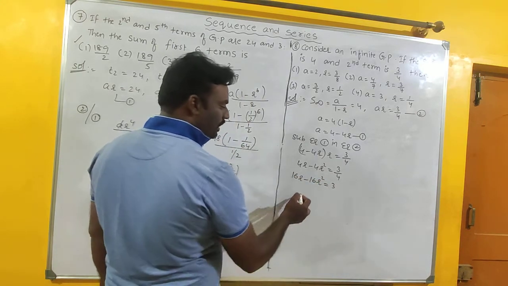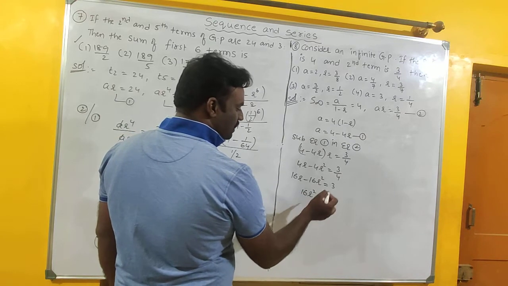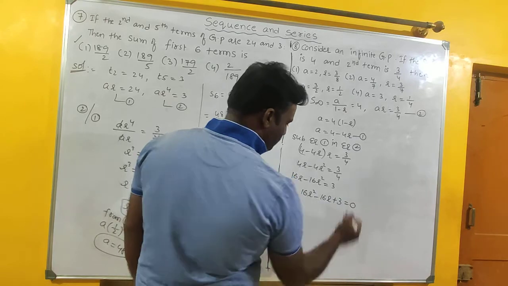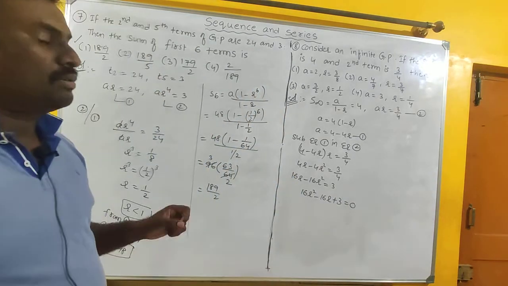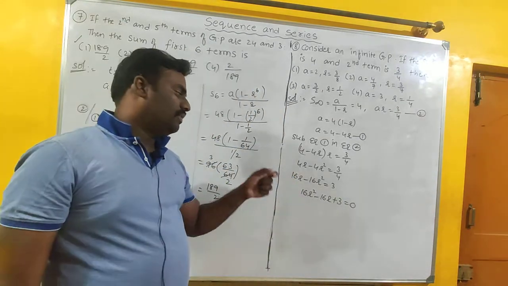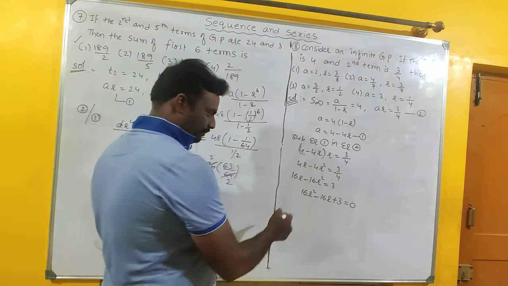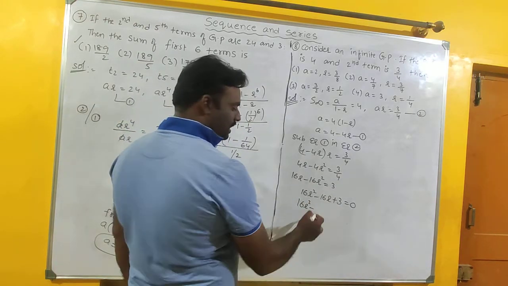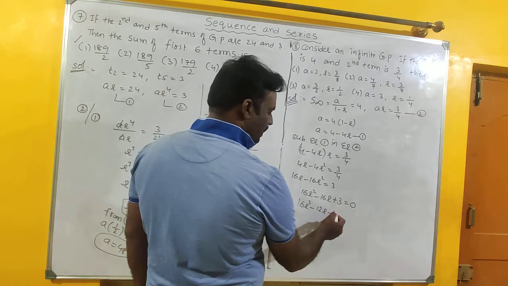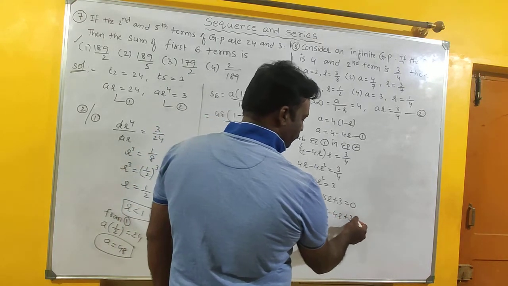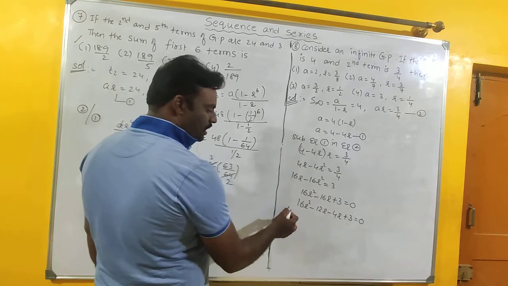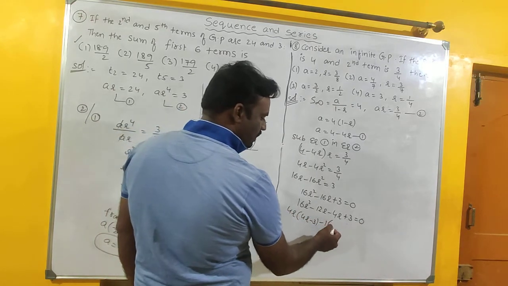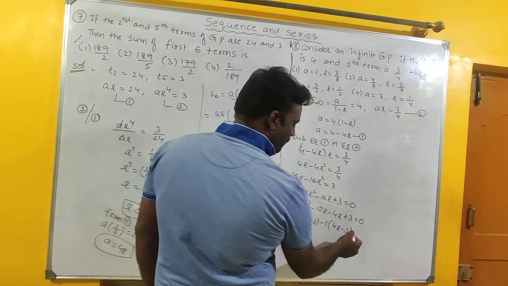Finally, we get a quadratic equation: 16r square minus 16r plus 3 equals 0. You factorize this, then what will we get? 16r square minus 16r, I can write as minus 12r minus 4r. Now here we take 4r common: 4r minus 3, minus 1 common, 4r minus 3.